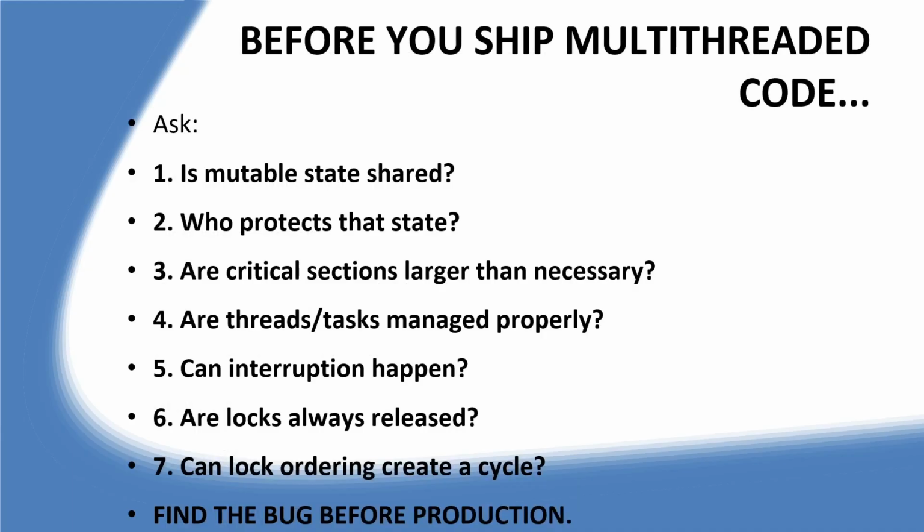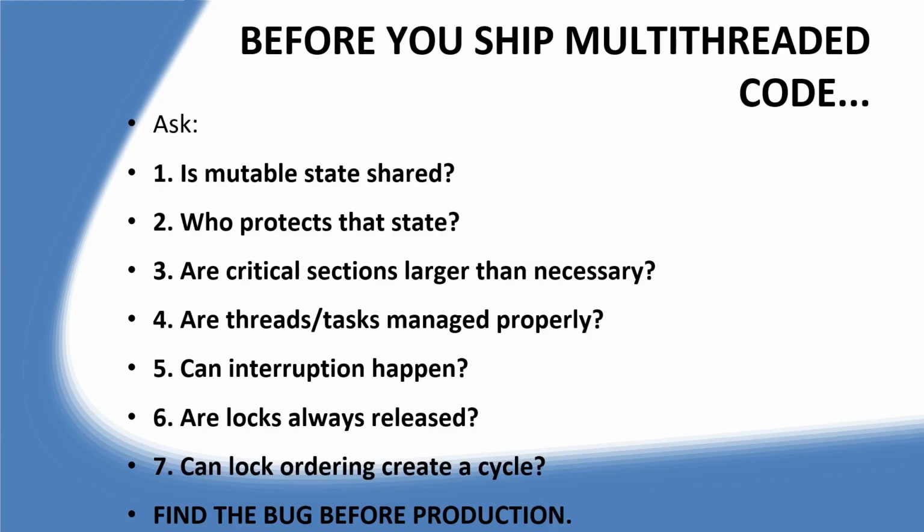Before shipping your multi-threaded code, ask yourself these questions. Is mutable state shared between the threads? If yes, how is access coordinated? Are we holding locks longer than necessary? Are tasks and executors managed properly? What happens if a thread is interrupted?